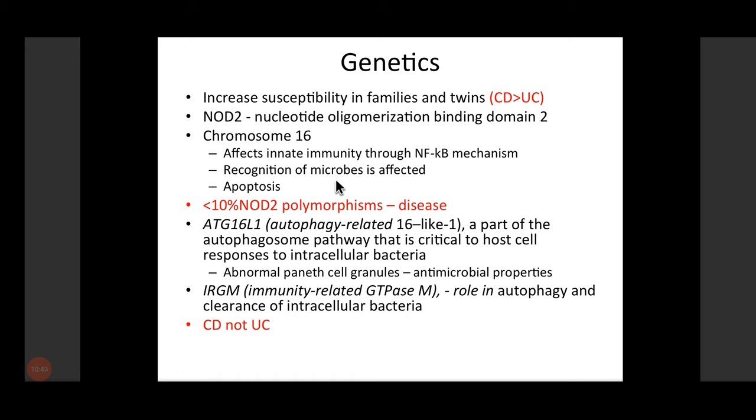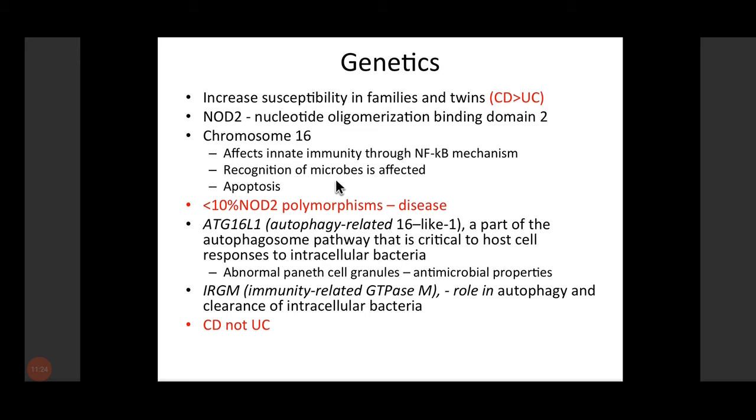So how the microbes are affected and presented, and therefore the innate and humoral and the T-cell mediated immunity, and it also affects the apoptosis of the cells that are the macrophages that are having these microbes. So if it affects the apoptosis, there is no apoptosis, then these microbes that are present in the macrophages, the antigen presentation occurs, and then the immune mechanisms take over. So that is something that I'll show you in the subsequent slides.